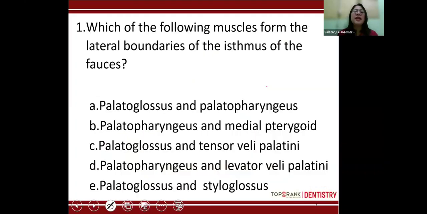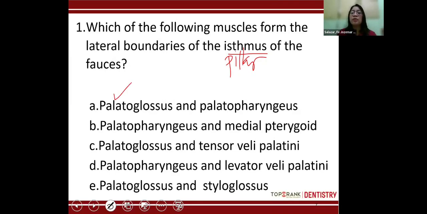Okay. So let us now discuss or answer number 1. With that knowledge, you can now answer question number 1 in your final coaching material. Which of the following muscles form the lateral boundaries of the isthmus or pillar of the fauces? Yes. So palatoglossus, that's correct.